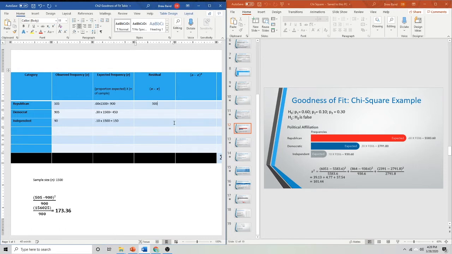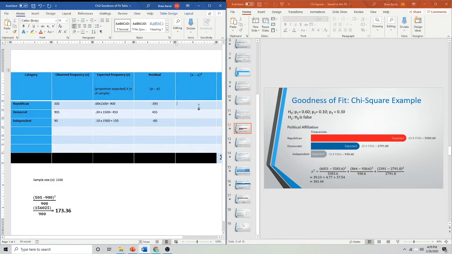So 505 minus 900 equals negative 395. And that's just simple subtraction. Our next residual is 455, and our next residual is negative 60. So let's center them just so they look nice.